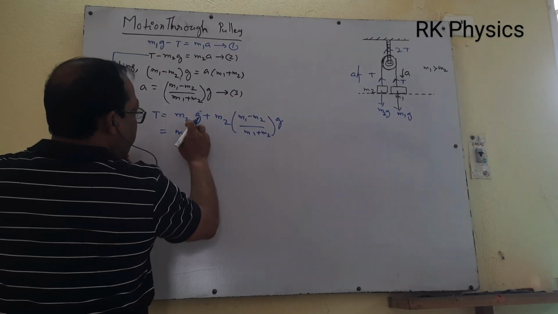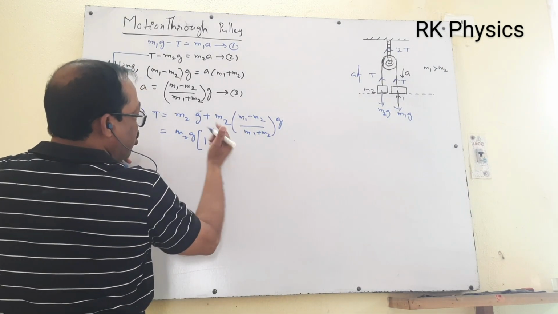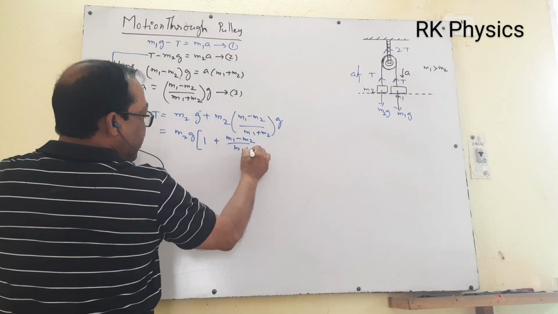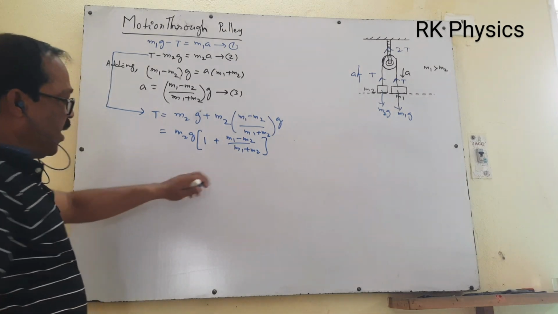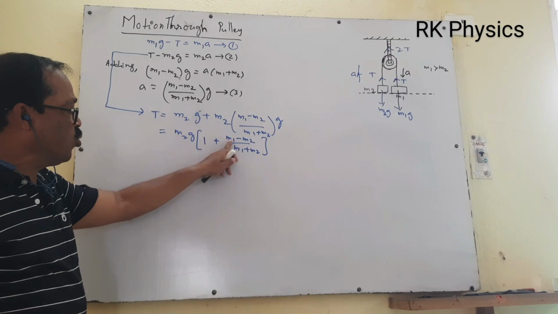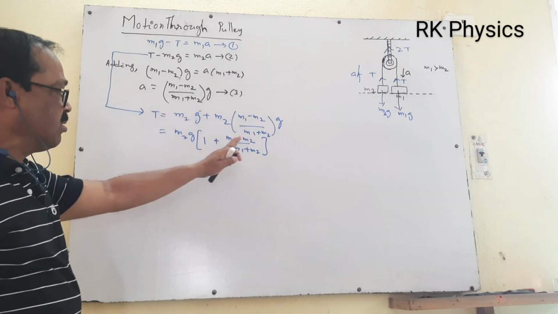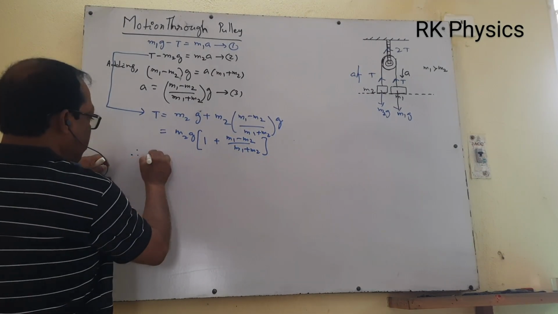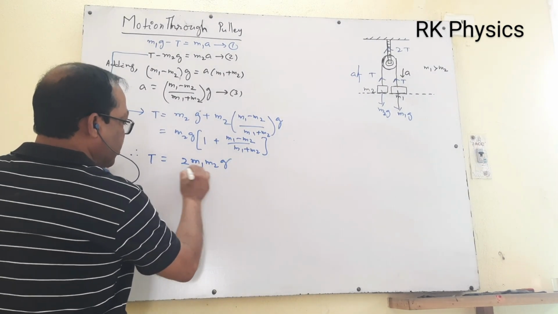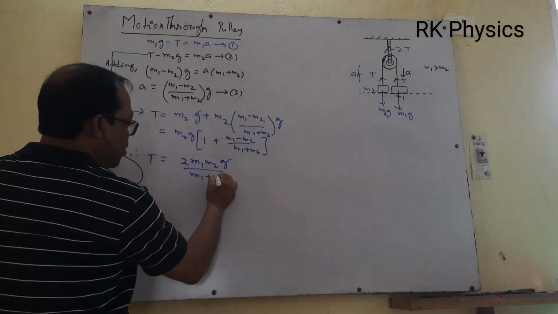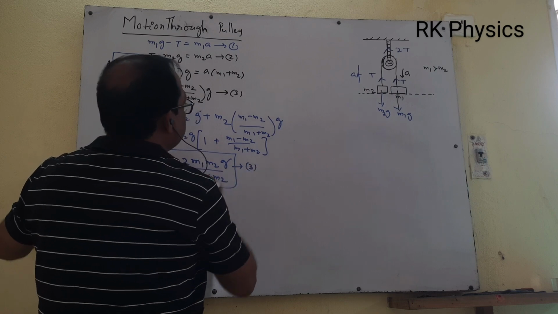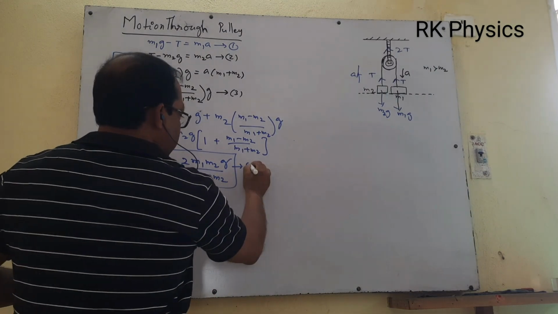If you take M2g common, here this is a 1, then (M1 minus M2) divided by (M1 plus M2). Right? If you take LCM M1 plus M2, M2 gets cancelled. This is 2M1. So therefore you will get T is 2 M1 M2 g divided by M1 plus M2. So this is finally your tension. This is equation 4. Okay.